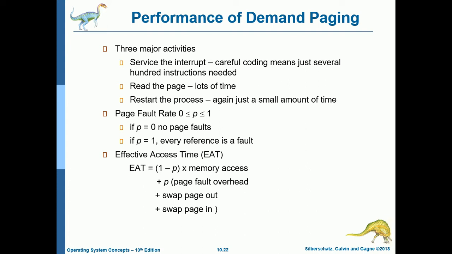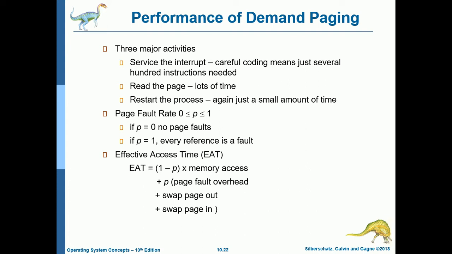So the page fault rate is 0 is less than or equal to P is less than or equal to 1. If P is equal to 0, this is very lucky because there are no page faults. But if P is equal to 1, every reference is a fault. Just like in main memory, we also have effective access time. As you can remember, effective access time when using TLB has hit and miss.